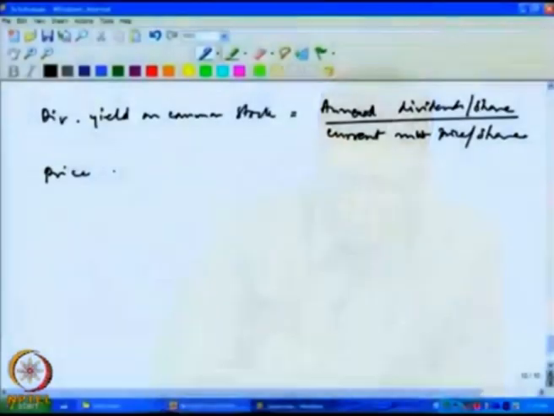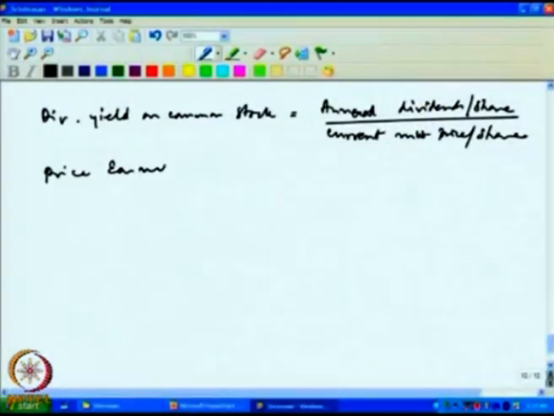So, whatever money that he invested on the shares, he has gotten back already in 1 year's dividend. So, the next year's dividends and other things are only profit accumulation. So, this is the way you have to look at the common stock. Then the other one which we are looking at is called the price earnings ratio.